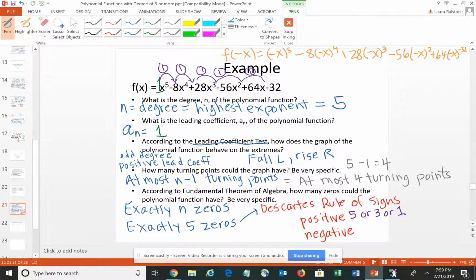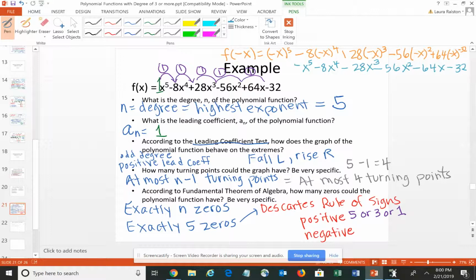So we would have the opposite of x to the 5th, minus 8x to the 4th, minus 28x to the 3rd, minus 56x squared, minus 64x, minus 32.